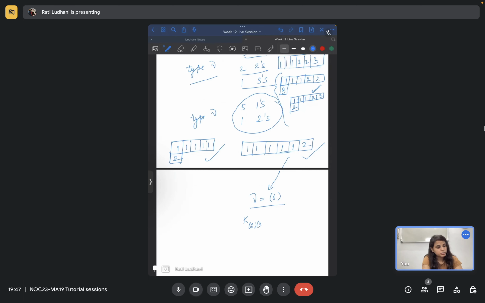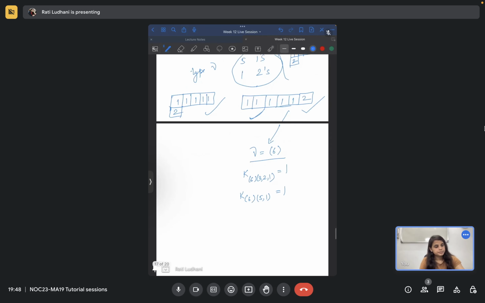So corresponding to this, K of 6 with 3 2 1 is equal to 1, and K of 6 with 5 1 is equal to 1, because when you have considered this type, both of these give the value 1, right? And when nu is equal to 5 1, then for 5 1 with 3 2 1 you are getting two options, and from the other part, for 5 1 with 5 1, you are getting 1, right?